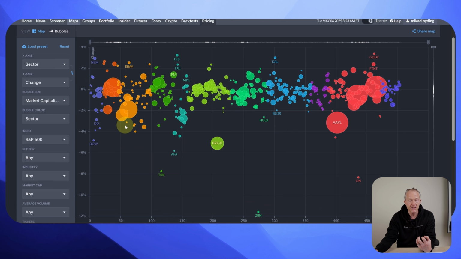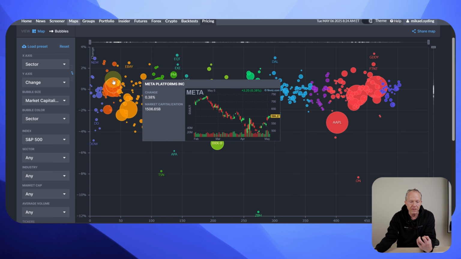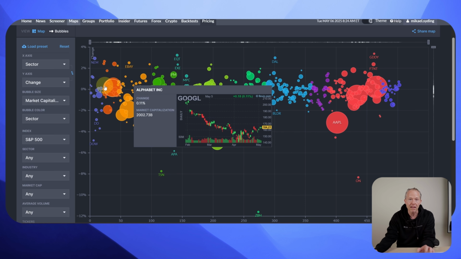Here you see the bubble size is the market cap. So if you point to one of the big bubbles, you'll see Apple and Microsoft and Meta Platforms, Alphabet, so of course all the big Mag 7.